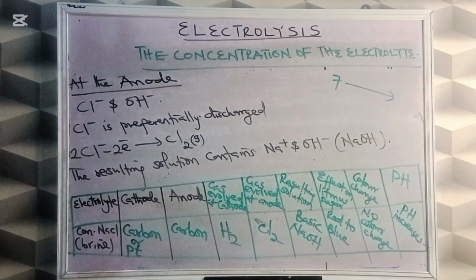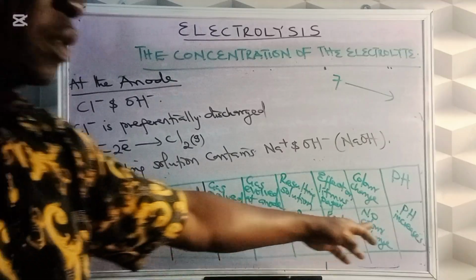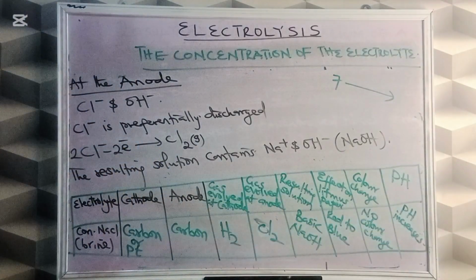What happens to the concentration? Concentration also increases. Please take note of that. This is the summary of the table of electrolysis of brine, concentrated sodium chloride.